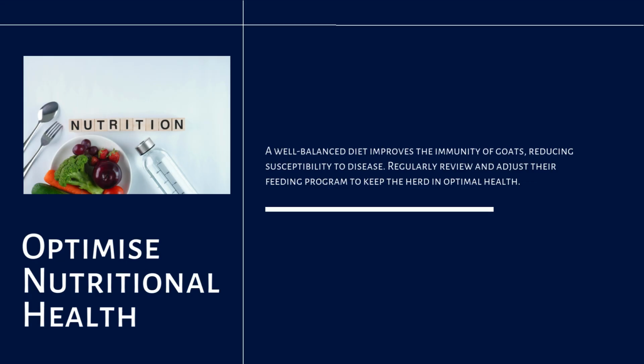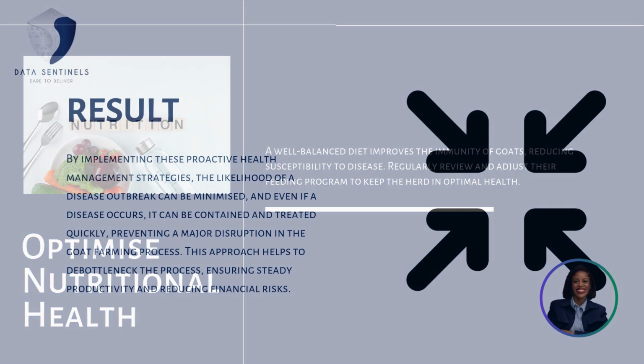Then you're going to look to optimize the nutritional health. Well-balanced diets improve the immunity of the goats. It reduces susceptibility to disease. You want to regularly review and adjust their feeding programs to keep the herd in optimal health.